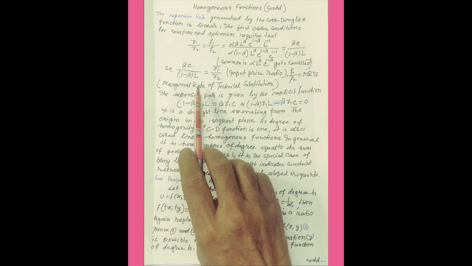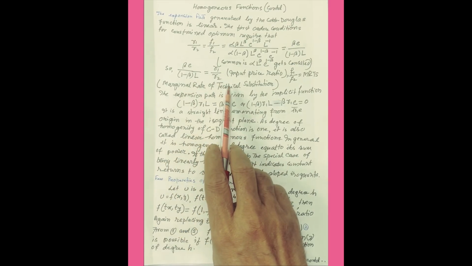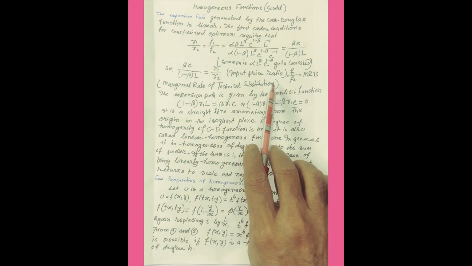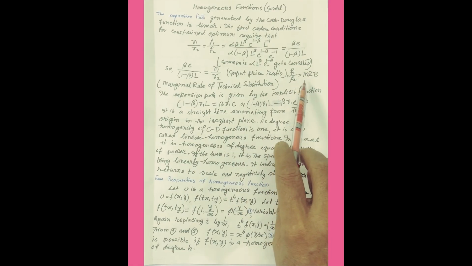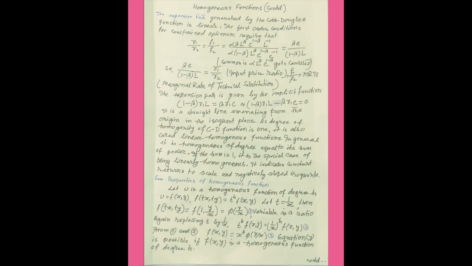So beta C by (1 minus beta) L is equal to R1 by R2. So input price ratio and F1 by F2, this is the marginal rate of technical substitution.